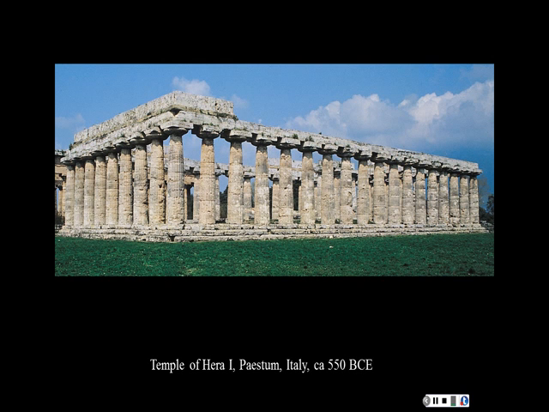This is called a peripteral temple because it has a single row of columns on all sides. It is believed that the basic temple plan or layout derived from the megaron, that rectangular room that we see, for example, in Tiryns, which was the receiving hall of the king, that this becomes amplified during this period.